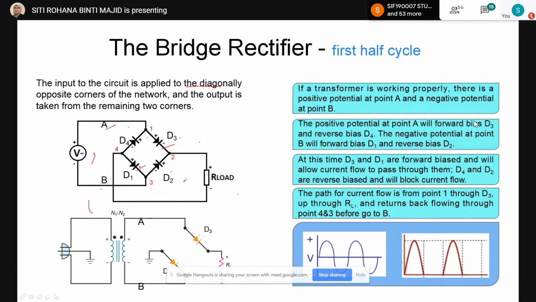And then the path for the current will flow from point 1 to D3 up through the load, and return back flowing to point 4 to 3 and go back to B. Okay, so this is the signal for the input, and this is the signal for the voltage output for the first half cycle.